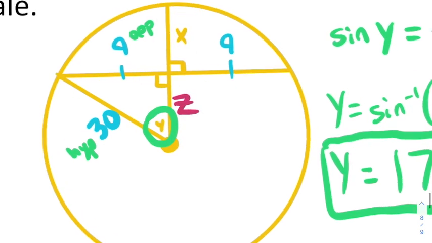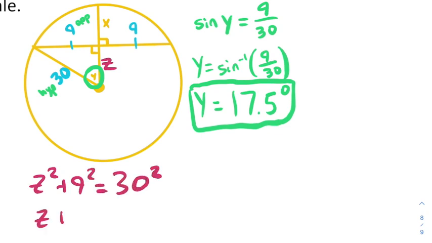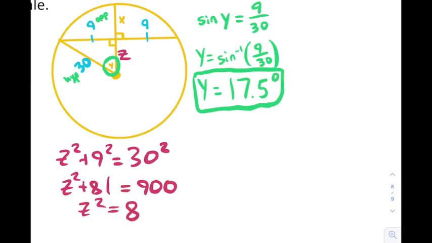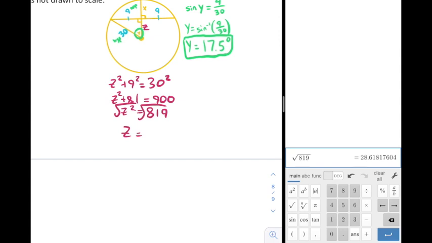To find z, I'm just going to use Pythagorean theorem for this triangle. Z squared plus 9 squared should equal 30 squared by the Pythagorean theorem. So z squared plus 81 should equal 900. Z squared equals 819, and by square rooting both sides, we get z equals 28.6.